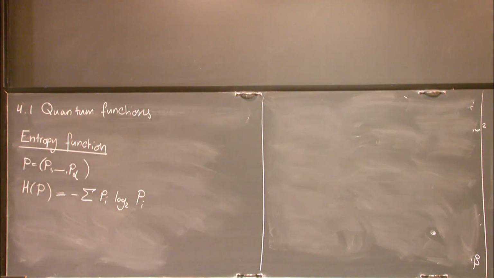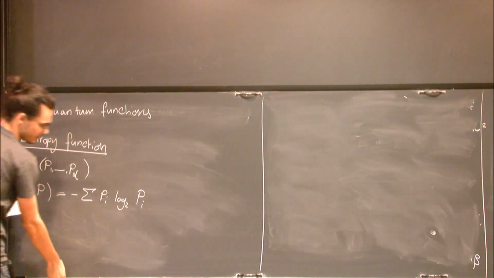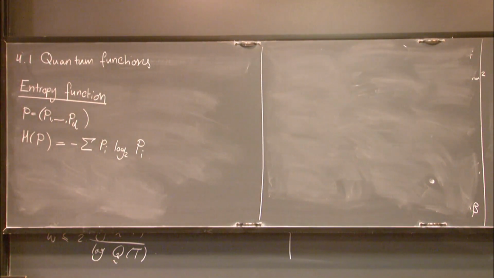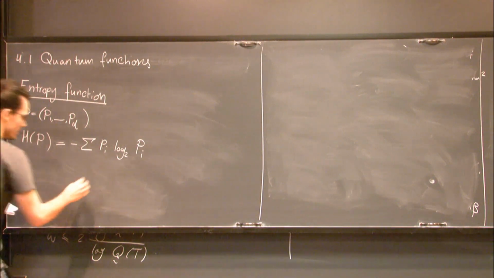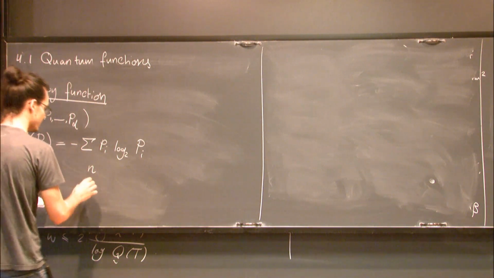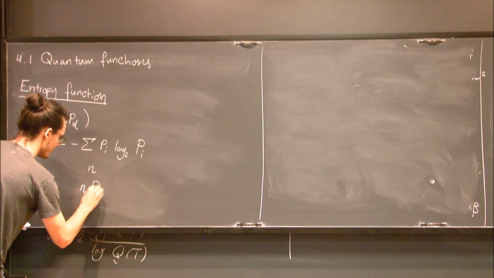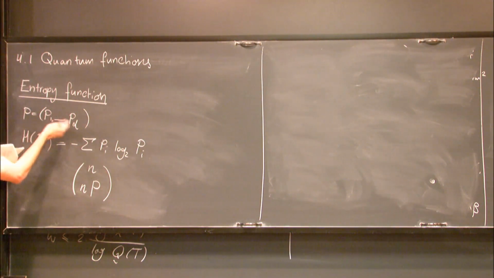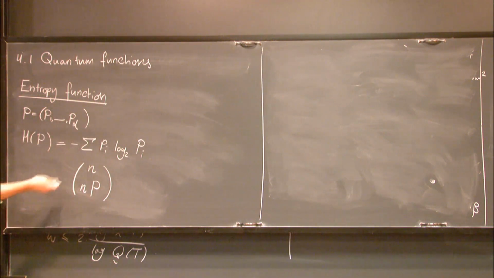And the way this shows up in our construction is that the Shannon entropy tells us how multinomial coefficients grow. So if I take a multinomial coefficient, so let's say that all the p_i's are such that if I multiply them by n, they become natural numbers, then I can look at the multinomial coefficient like this.